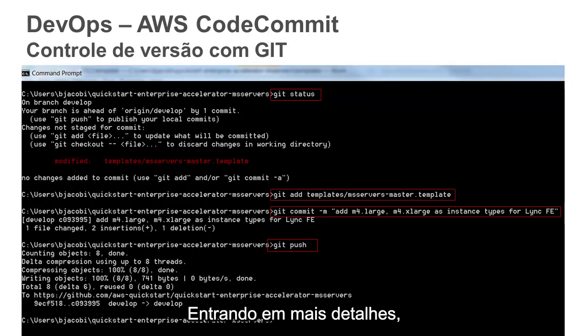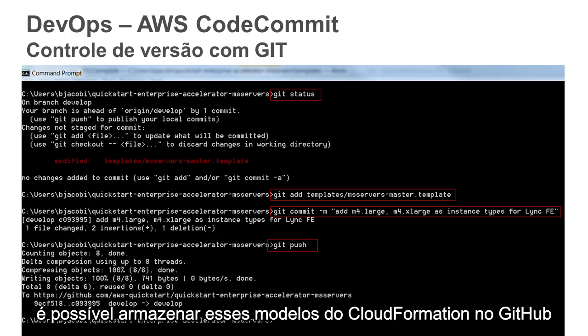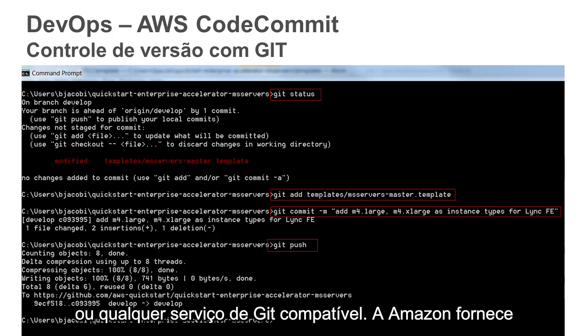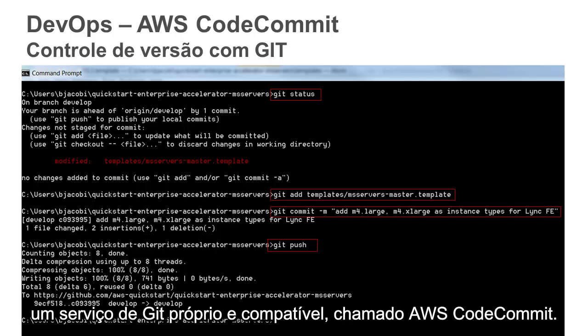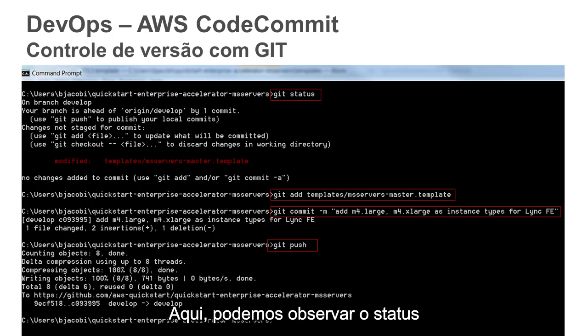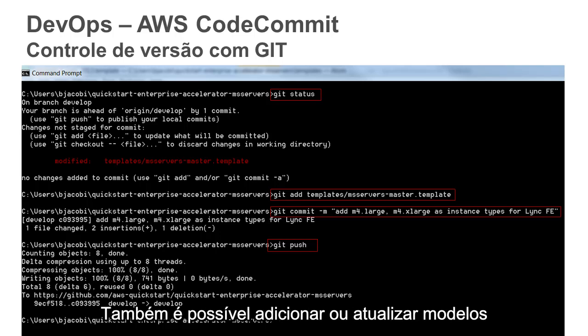Okay, and to peel the onion back even a step deeper, you can store these CloudFormation templates on GitHub or any Git-compatible service, and at Amazon we provide our own Git-compatible service called AWS CodeCommit. You can see here that I can look at the status of something for the Enterprise Accelerator. I can also add new files.